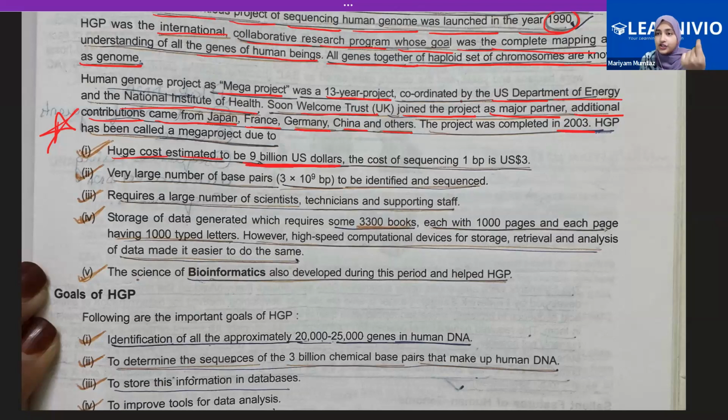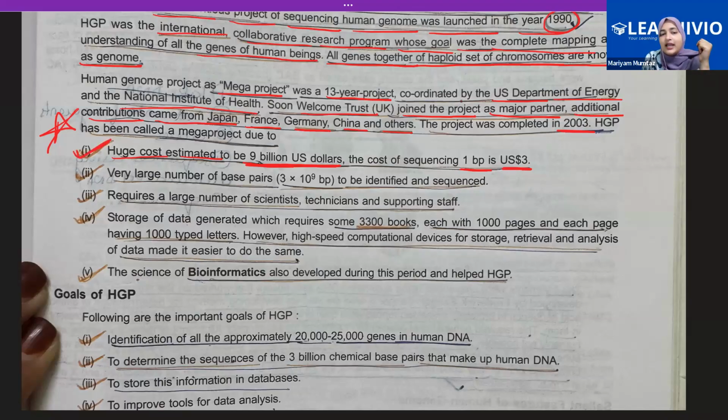The cost of sequencing per base pair was around US $3. So the whole thing was 9 billion US dollars. This was the first reason because of which this is the mega project.